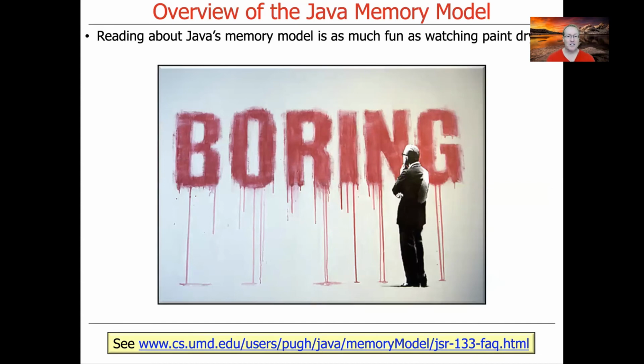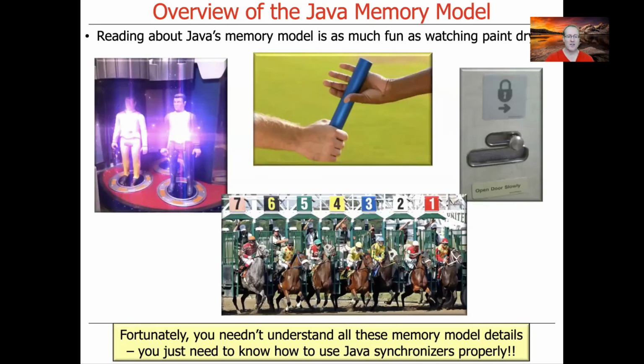In my experience, reading about the semantics of Java's memory model is about as much fun as watching paint dry. It's very boring. Now, if you really want to know all the details about this stuff, you can take a look at the frequently asked questions file that's down here at the bottom of the page and learn all these things.